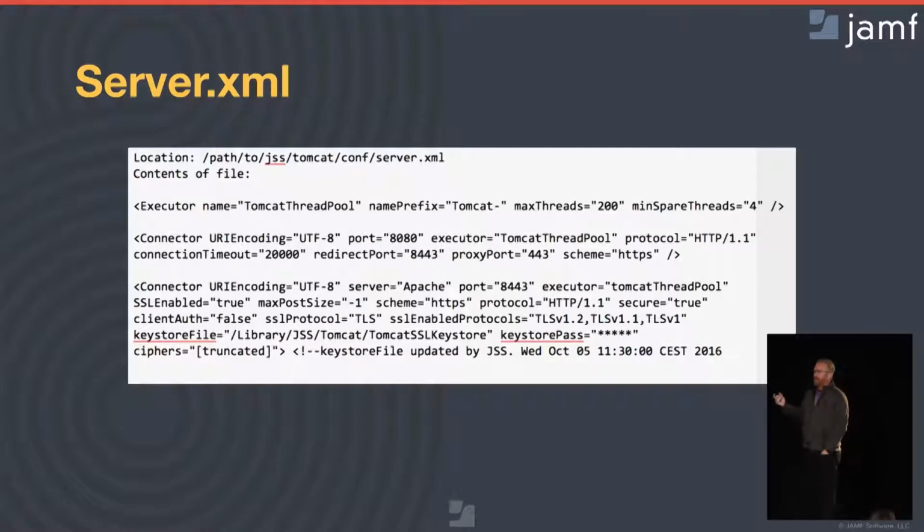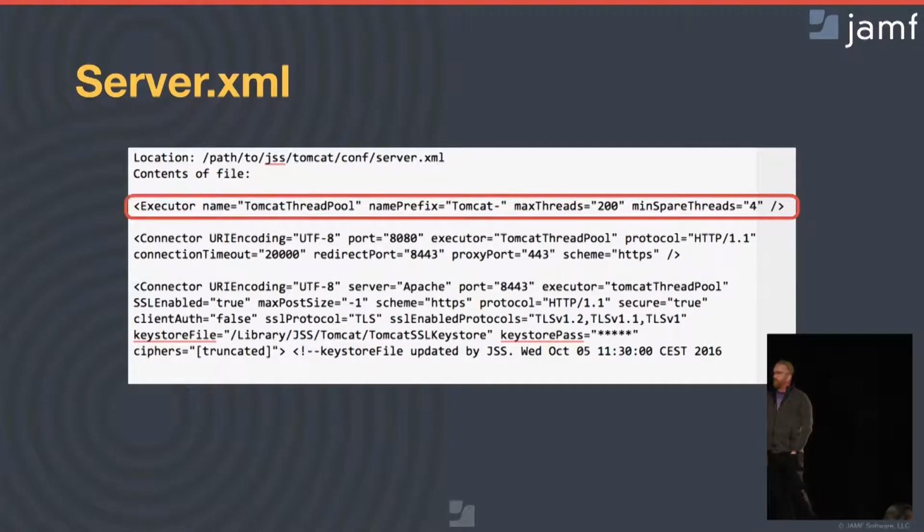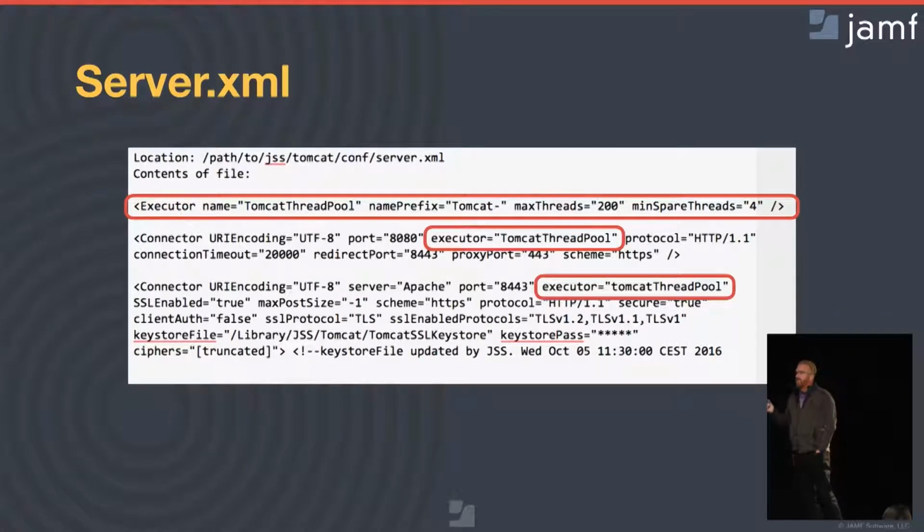We've cleaned up the server.xml file here. That is where the threads are defined. We've got one global position here where you can define how many threads are available to the entire Tomcat server. The default is 200, and usually that's fine to start off with. That max thread pool is then referenced twice more, in each of the two connectors that Tomcat stands up.